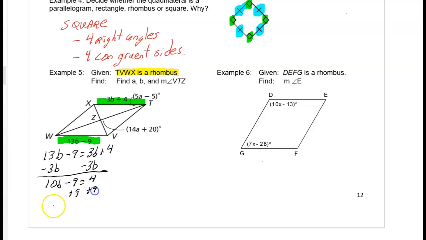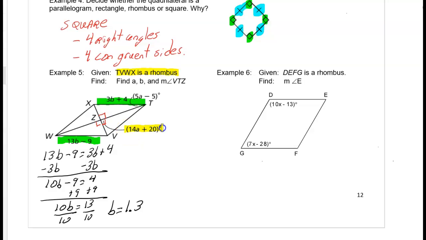Add 9 to both sides. 10b is equal to 13. Divide by 10. B is going to be 1.3. Second thing, we want to find A. We know the diagonals in a rhombus are always perpendicular.